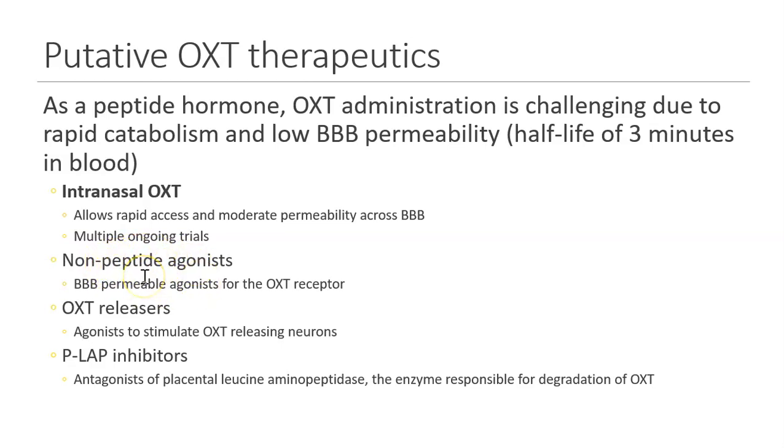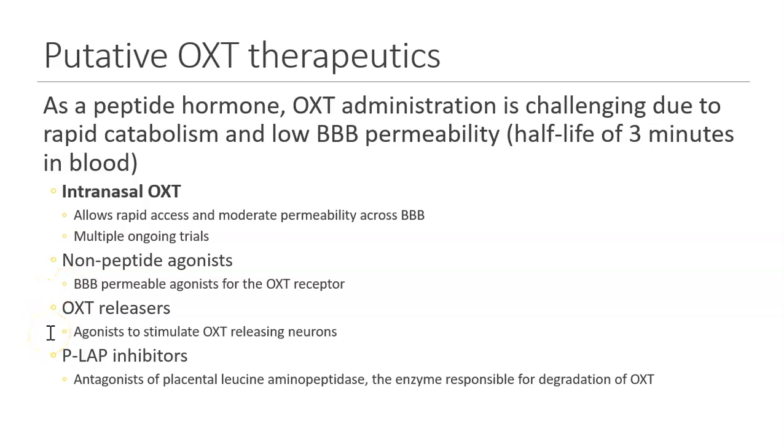Remember, peptides are a lot bigger than, say, just a neurotransmitter. And because it's an agonist, then what it's going to do is it's going to kind of pretend to be an oxytocin peptide, and it's going to be able to connect to the receptor and turn it on. So it's going to be able to have the same effects of oxytocin, but it's more permeable to the blood-brain barrier.